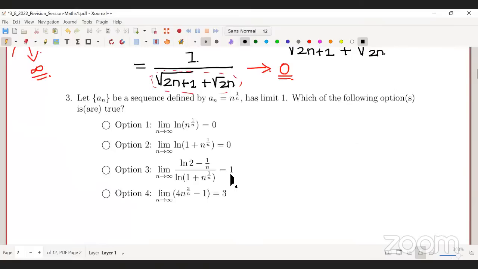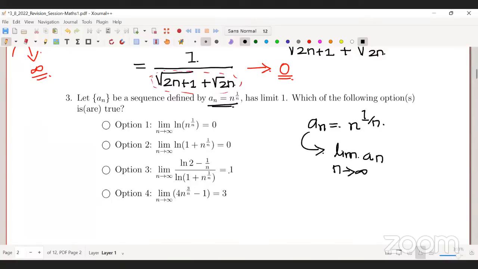Suppose you have a sequence, and the sequence is slightly tricky. You have a sequence a_n, which is defined as n power 1 by n, right? And somehow you know that the limit of this sequence is 1.